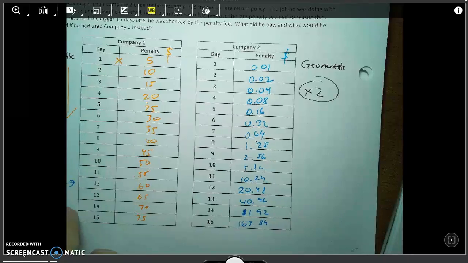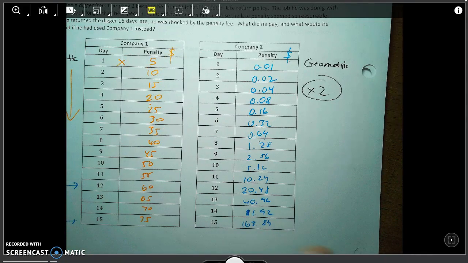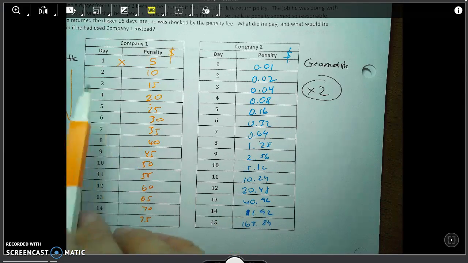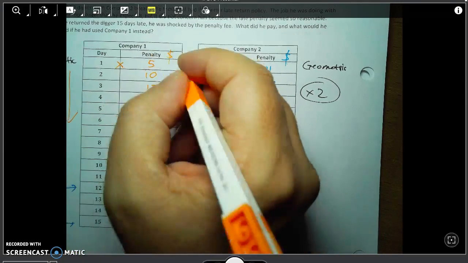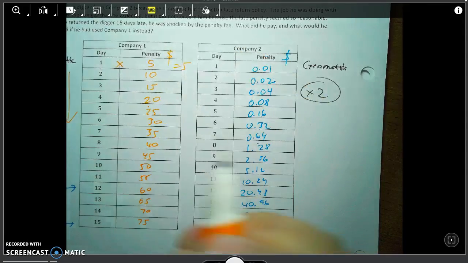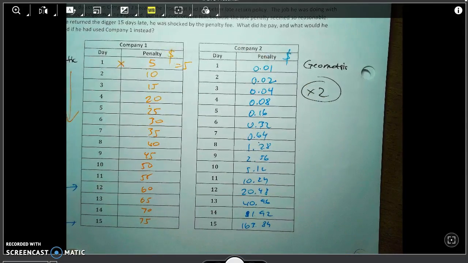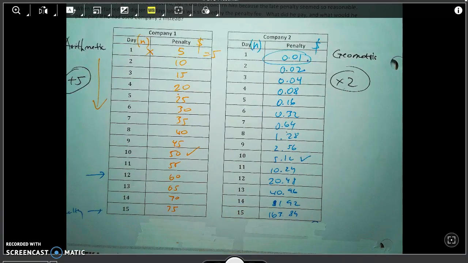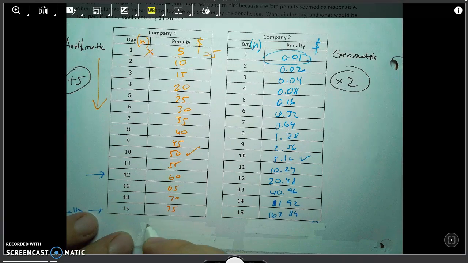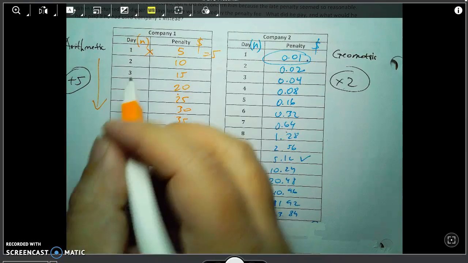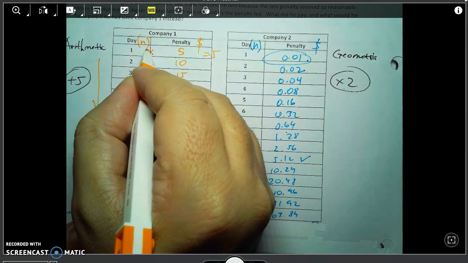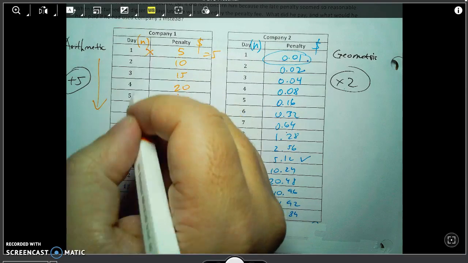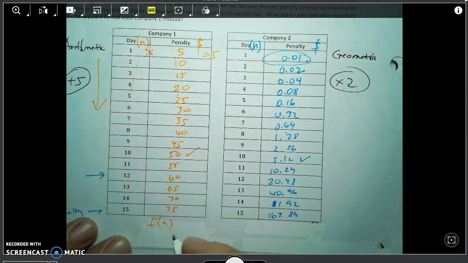The easier way to find the formula is, we know that if we have a sequence of addition, that becomes multiplication. So if I have 1 times 5, it's going to equal 5. But we're going to use 5 as our first or initial day, so day 1. So we're going to have the function f of n, where n is our number of days. So every time we see n, we know we're referring to the number of days in this case.